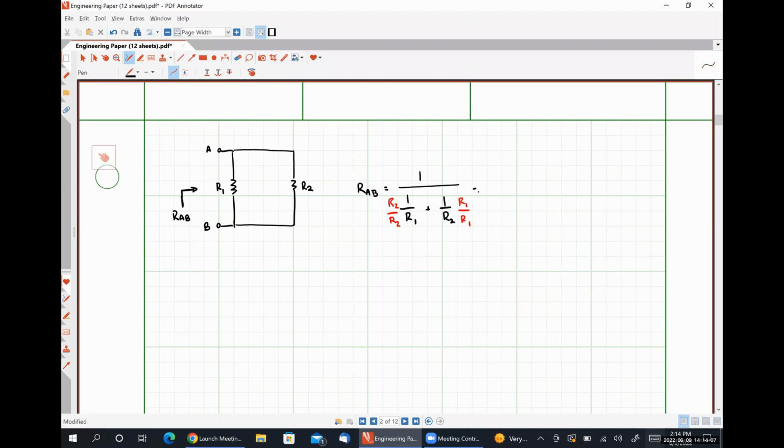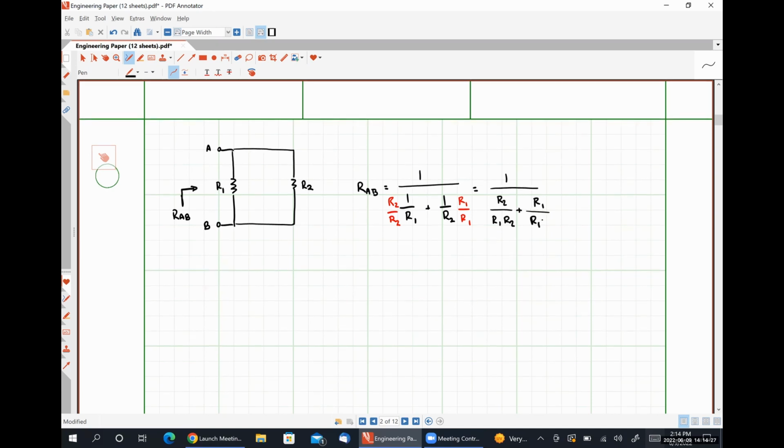In doing this, what I get is 1 over R2 divided by R1 R2 plus R1 over R1 R2.